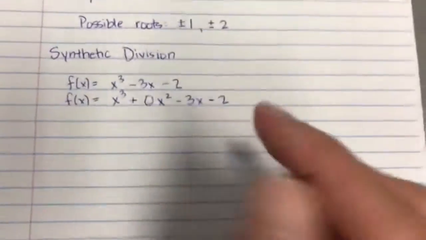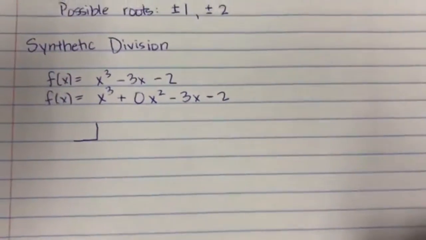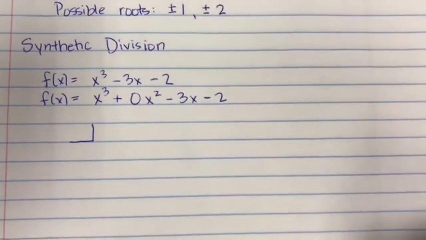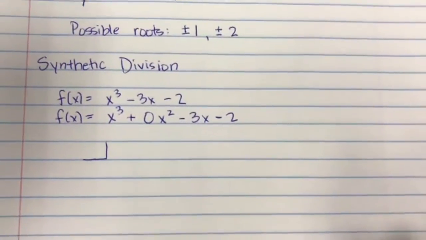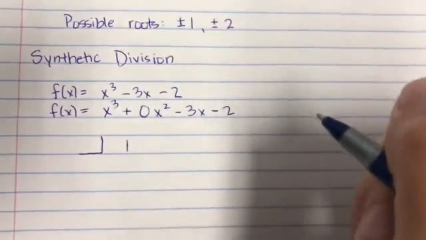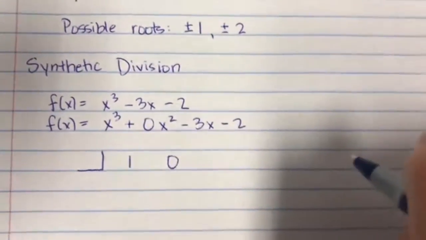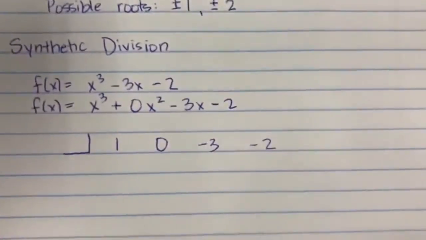So now we're going to go through synthetic division, and we ran over this in class. I make a small box for my factors that I'm going to test, and I'm going to write the coefficients in the front. 1, 0, -3, and -2.